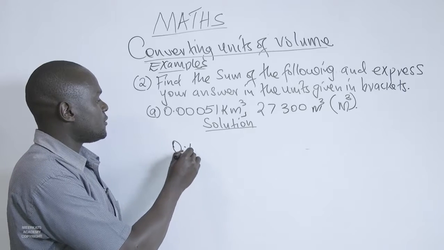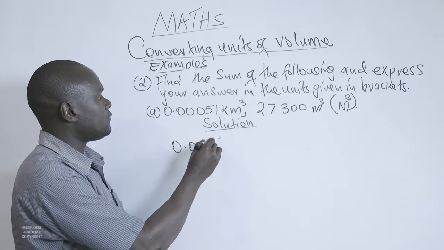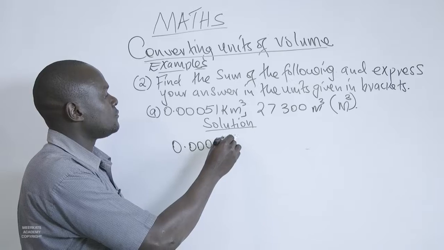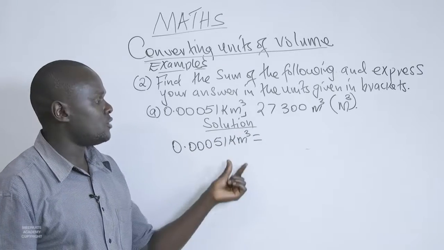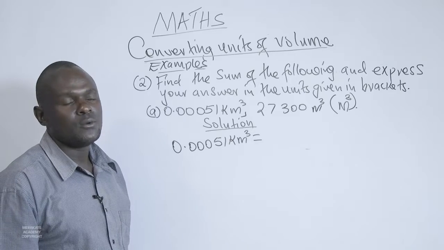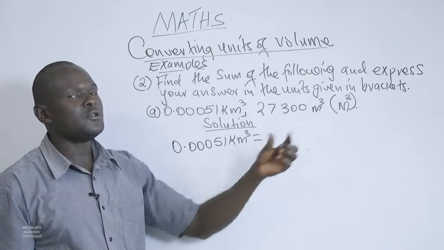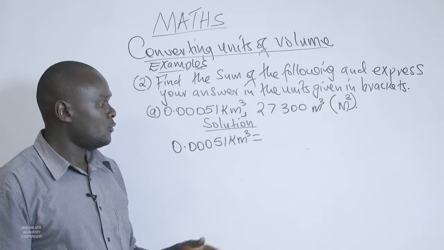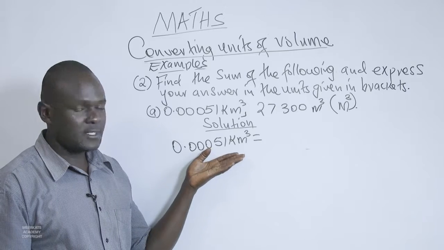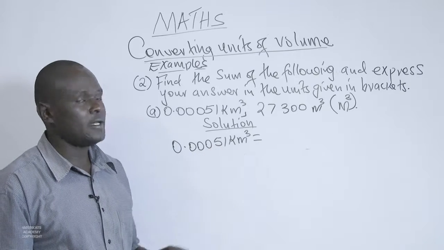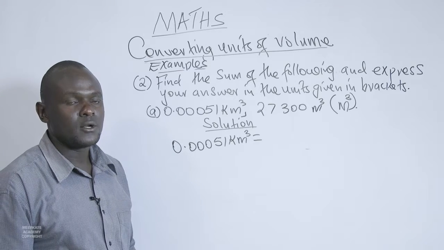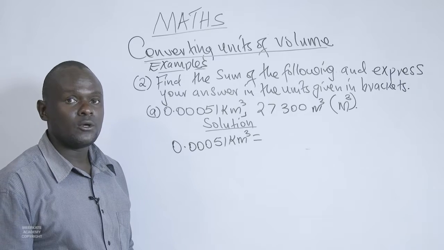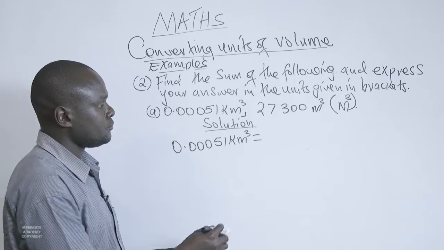This 0.00051 is a big unit. This is a bigger unit. We want to convert to a smaller unit. What do we do? We have learned that for us to do that, we multiply by a factor which is 1,000 raised to power 3 or a billion.